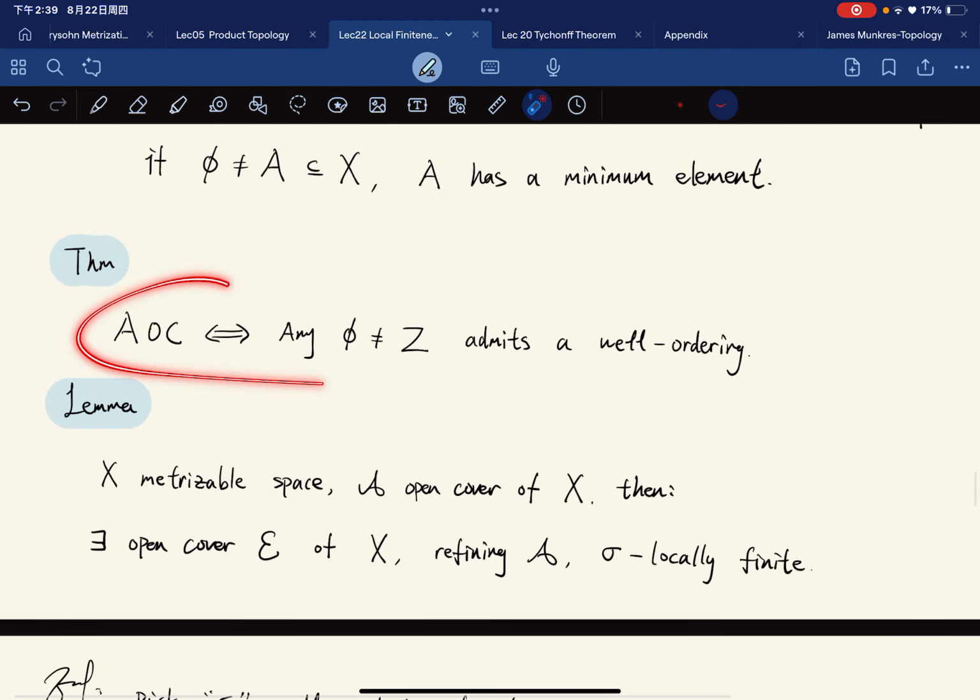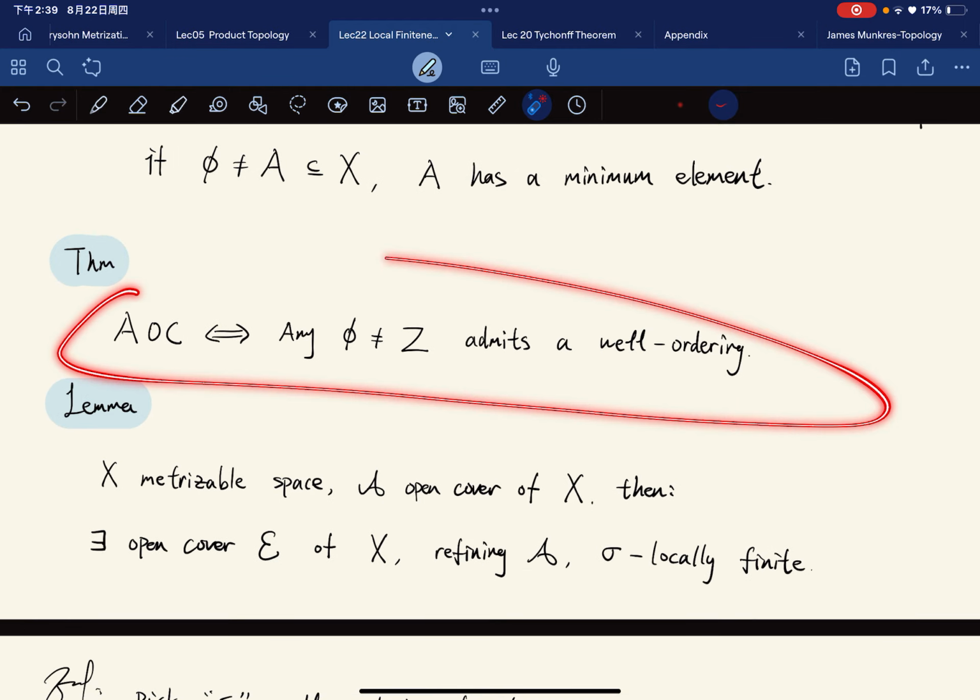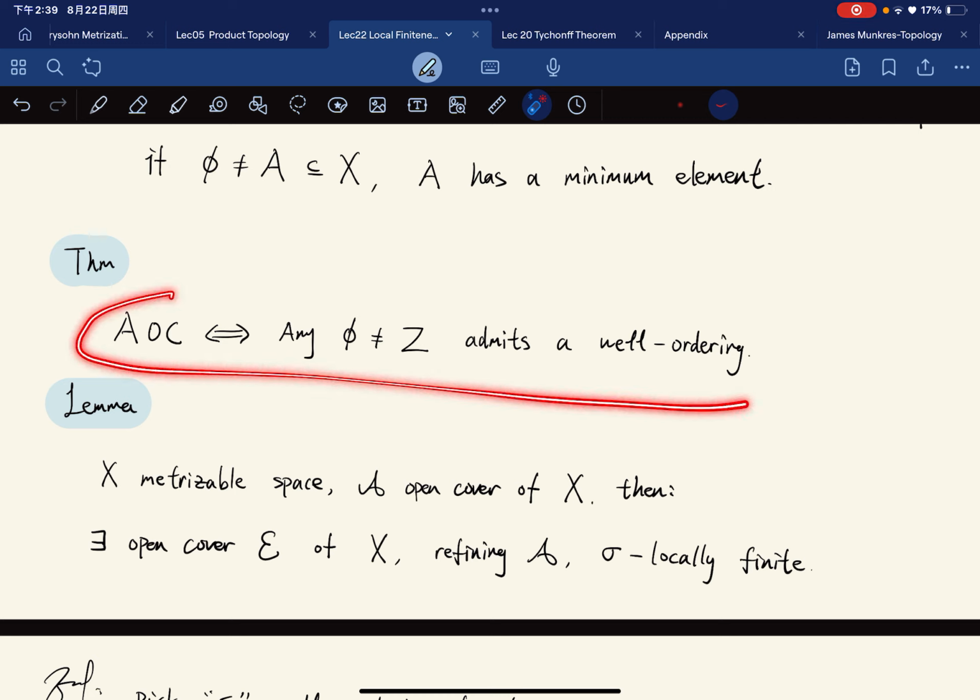And we're going to use this fact. The proof for this is included in my linear algebra lectures, so if you're interested in the proof, you can go check it out. But for the sake of time, we're not going to prove it here.